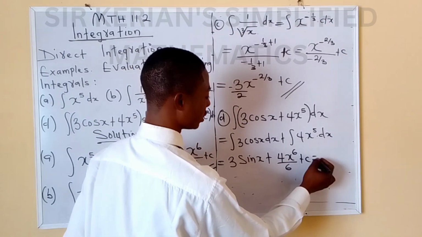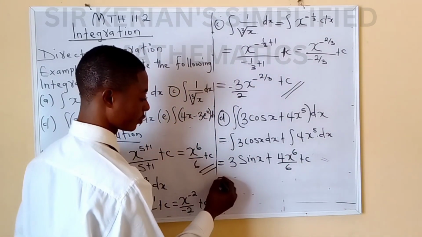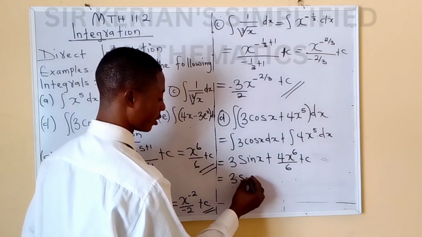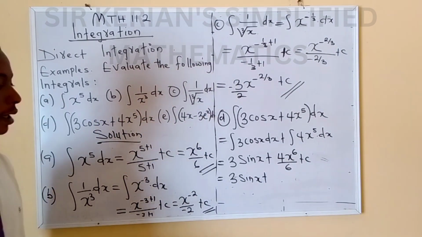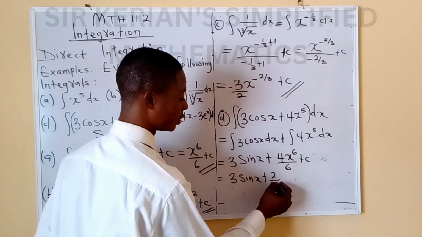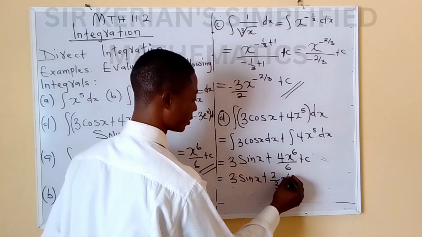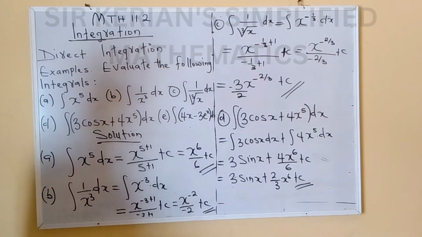So our answer can be presented as 3 sin x, 4 can divide 2 and 6 can divide 2. 4 by 2 is 2, 6 by 2 is 3. x power 6. So this is our integral calculus. And then lastly, our E.